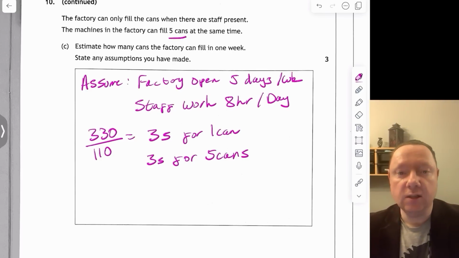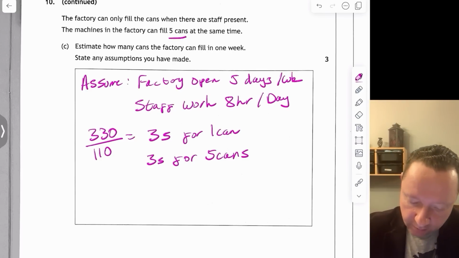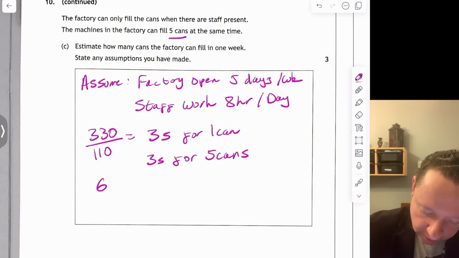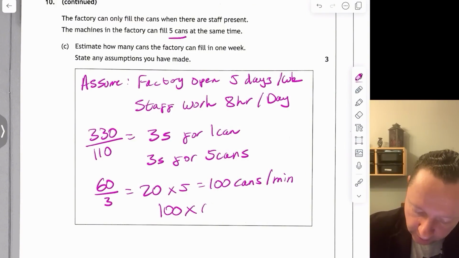So if it's 3 seconds for 5 cans, well, how many seconds are in a minute? There's 60 seconds in a minute. So 60 divided by 3 equals 20. So it can do 20 times 5, which is 100 cans per minute. So per hour, 100 times 60, it can do 6,000 cans per hour.